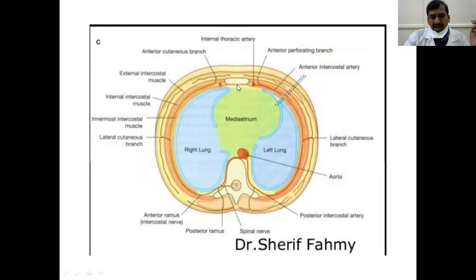Anteriorly it is bounded by the sternum, and posteriorly by the vertebral bodies, that is from T1 to T12. In between the vertebral bodies, there is a disc, the connective tissue part, called the intervertebral disc. These are the structures taking part. This part of the pleura we call the mediastinal pleura. This is the space in the thorax, the mediastinum.